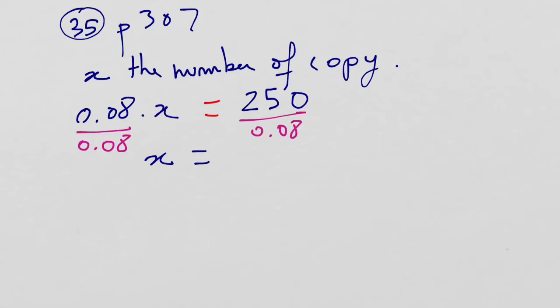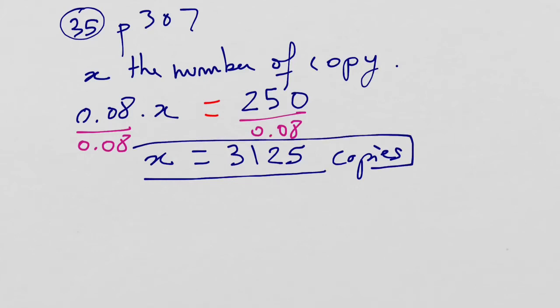And you are going to end up finding that she needs to make 3,125 copies to be able to equal the purchase price of a copy machine. So about 3,000 copies. If she thinks that she will go over 3,000, she better buy the copy machine. If she thinks that at the end of the day she might do less than that, it's not really worth it for her to buy the copy machine.